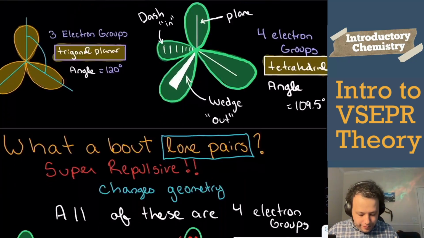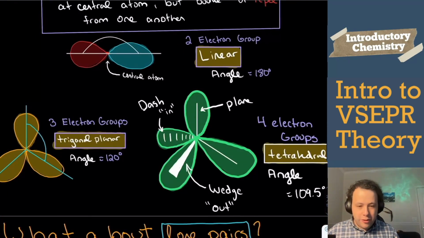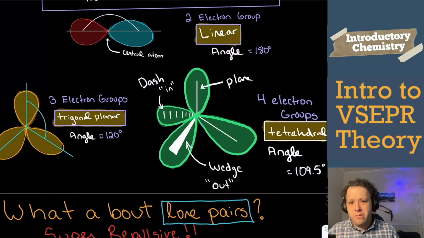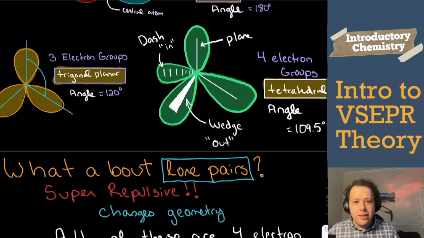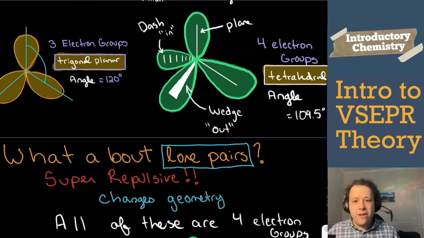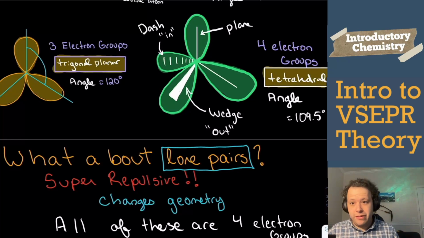Now, all these are referring to just electron groups or atoms being bound. What about lone pairs? What do they do? Well, the thing about lone pairs is that they are extremely repulsive, meaning it's a concentrated area of electrons, so they're going to want to push everything away from them.